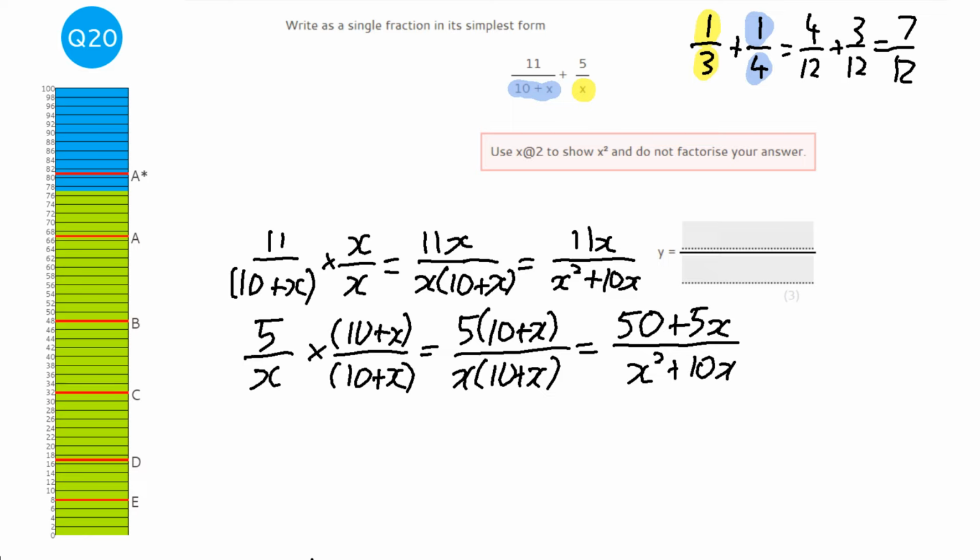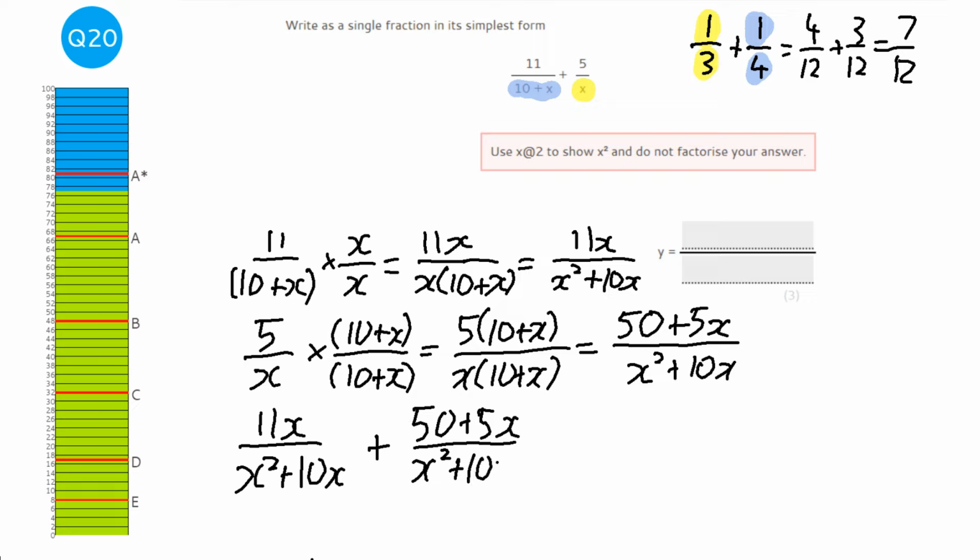So rewriting the fraction, we can write 11x over x squared plus 10x, plus the 50 plus 5x over x squared plus 10x. And what we do is we add the tops, so it's 11x plus 50 plus 5x over x squared plus 10x.